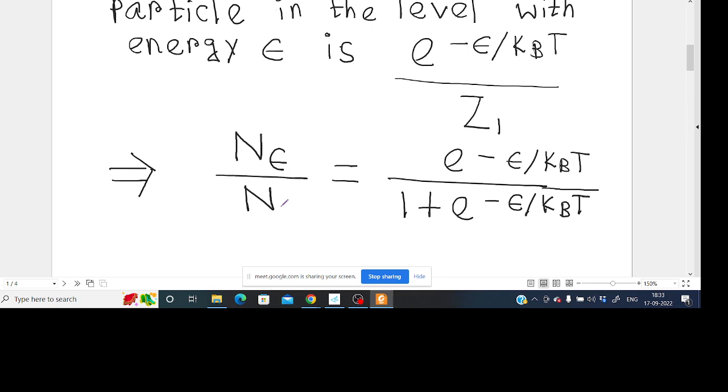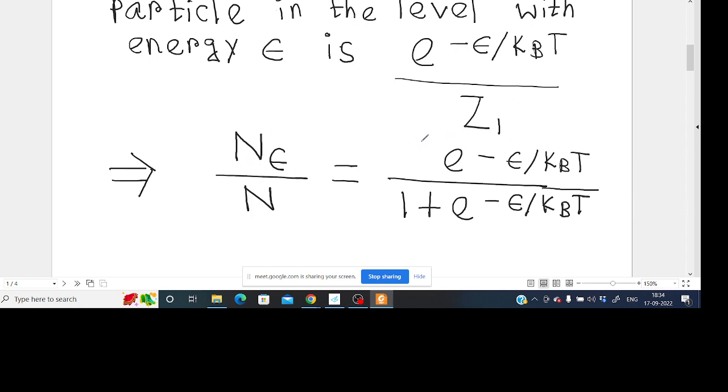So this is the normal definition of probability. This n_epsilon by n is the general definition we usually use for defining probability, right?